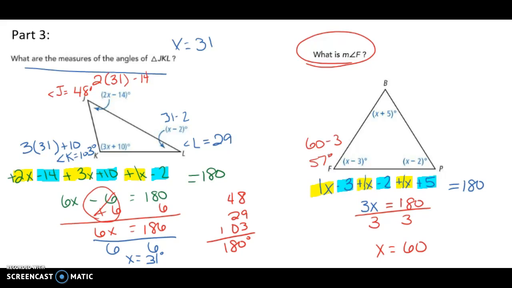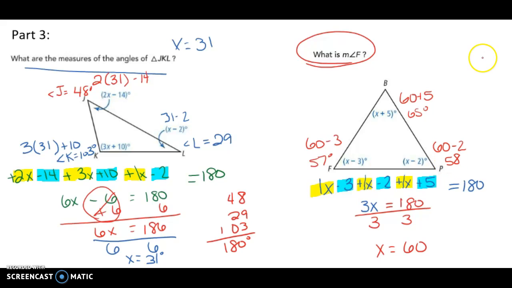Now, just to make sure that I have them correct, I'm going to go ahead and plug it in. It's easy to assume that we are right, but going back through, we'll go ahead and guarantee it. So here, x is 60, plus 5 is 65. Here, x is 60, minus 2 is going to be 58.